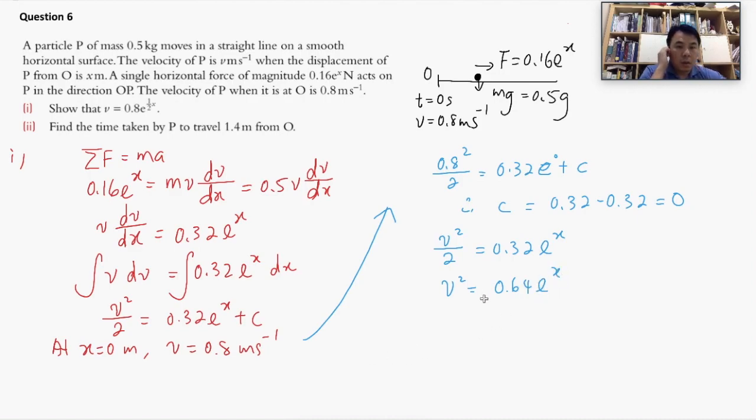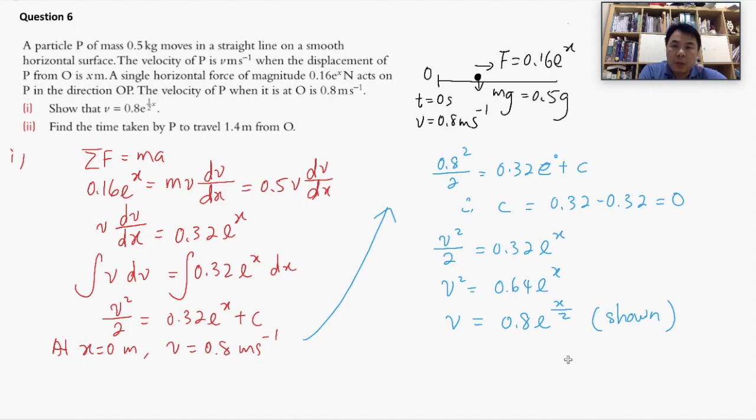Now, if we compare this equation and the given one, it may not be the same because this one does not have a square. Therefore, I'm going to square root this, which will yield 0.8 e^(x/2). And then this has been shown. I hope that is clear.